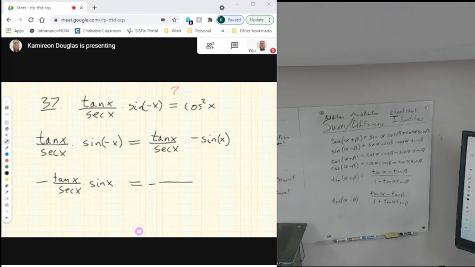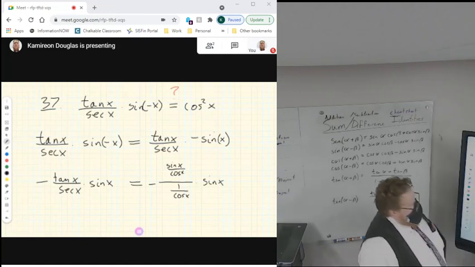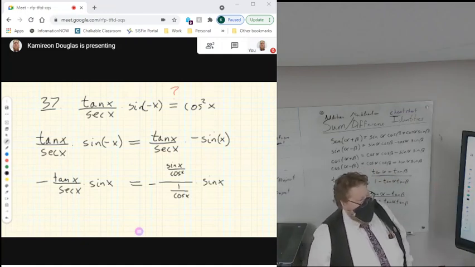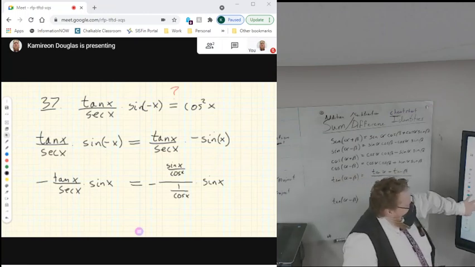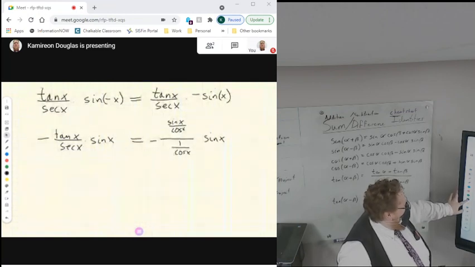On top, he'd have sine over cosine. On bottom, he'd have 1 over cosine times sine of x. So we change everything into sines and cosines, which, remember, is step 4. And from there, we then use the KFC method, or multiplying by the reciprocal.